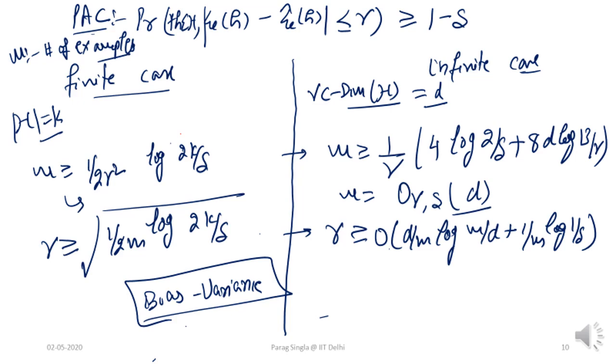Therefore, as you increase the VC dimension, the error threshold becomes loose. Again, something we saw in the case of finite hypothesis classes, where K increases and the lower bound on error threshold increases. And similarly for VC dimension also, as we increase d in the case of infinite size hypothesis classes, the error bound on gamma, that is the error threshold, also increases.